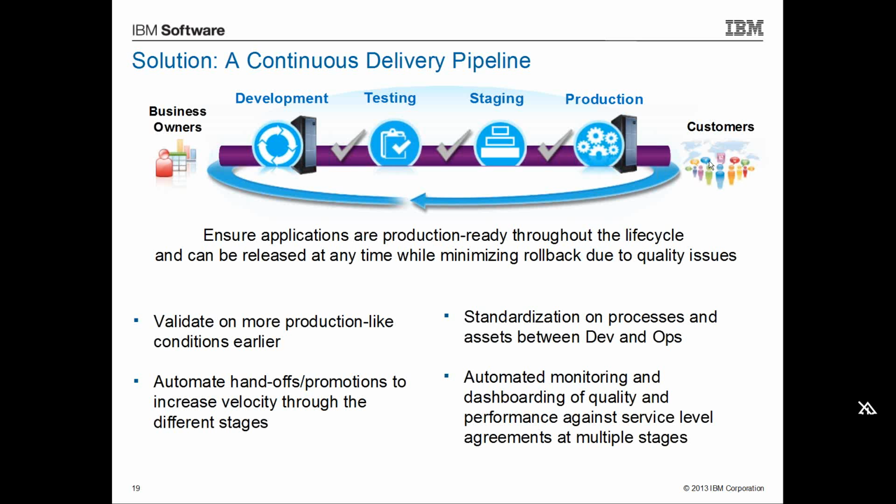Also, this gives flexibility to all stakeholders involved in application software development, from developers to the people doing operations, to validate in a customer-like environment. And this is nothing but standardization of process assets between dev and ops.